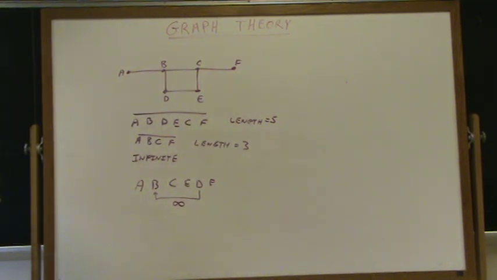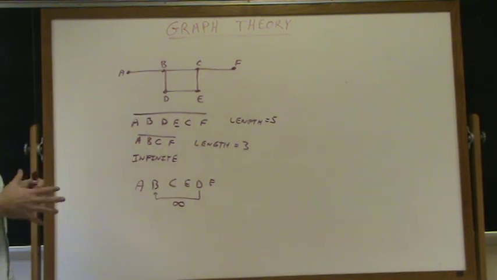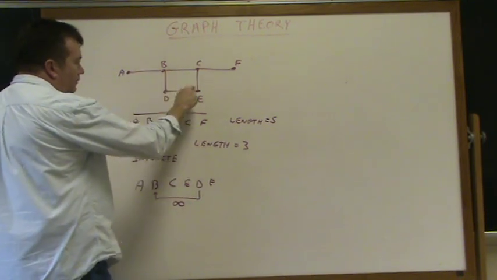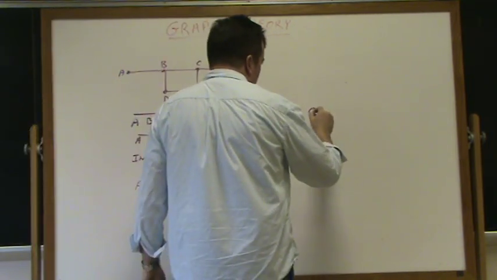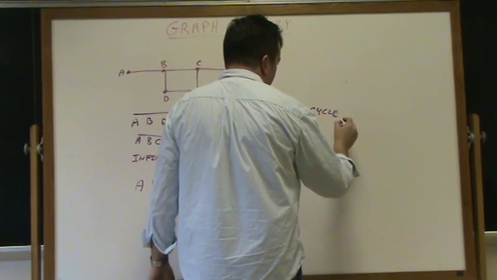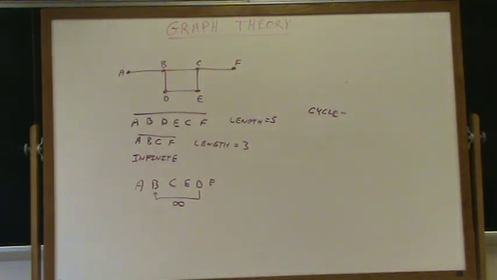In order for there to be an infinitely long path from A to F, the graph would have to have somewhere in it, at least once, or the path would have to have somewhere in it, what we're going to call a cycle. And a cycle is by definition a finite path in which the initial vertex and the terminal vertex are the same one.